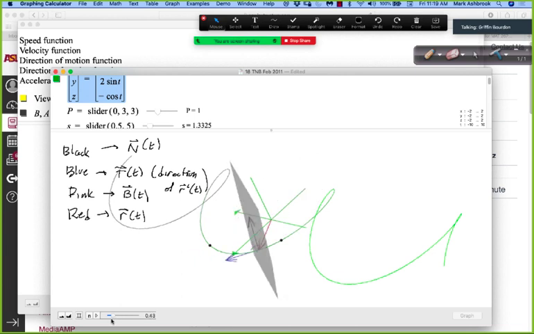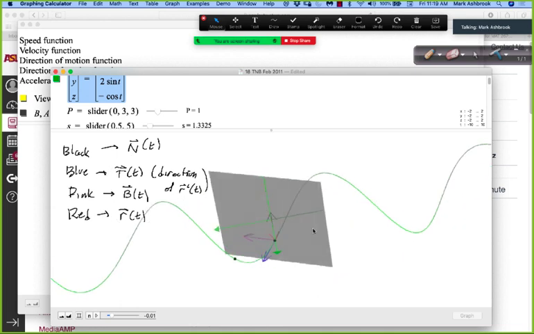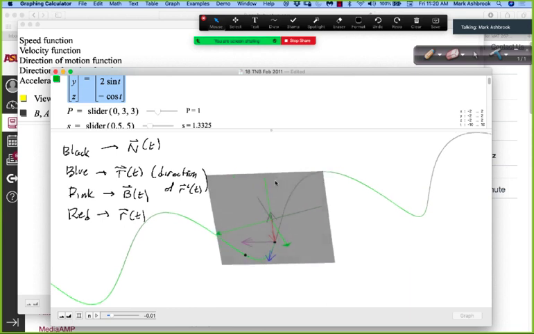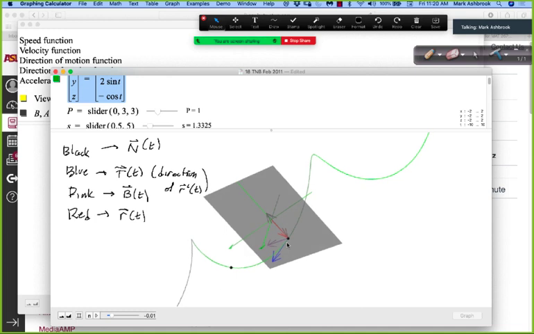So this plane wouldn't include a point where you're currently at, or would it? They all do. They all go through the current point on the curve. So that's right here, right now.